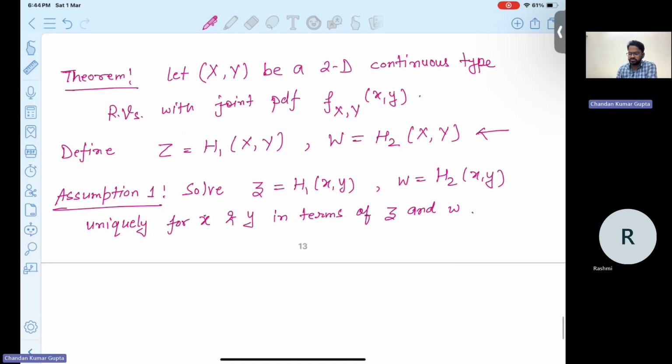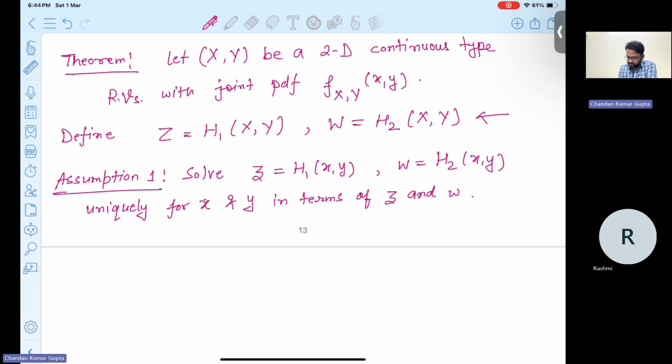For example, the solution comes out as x equal to g1 of z and w, and y equal to g2 of z and w.